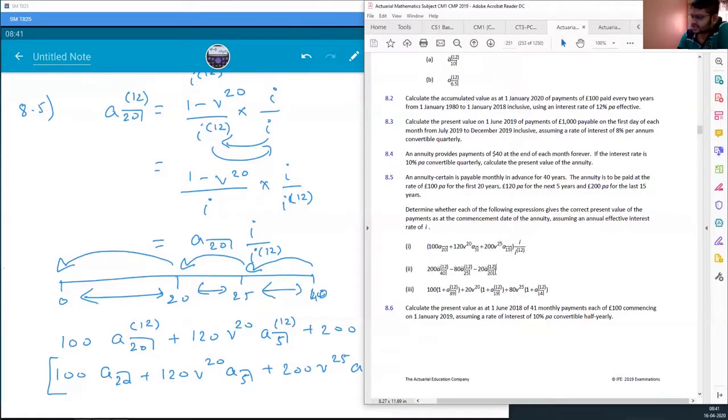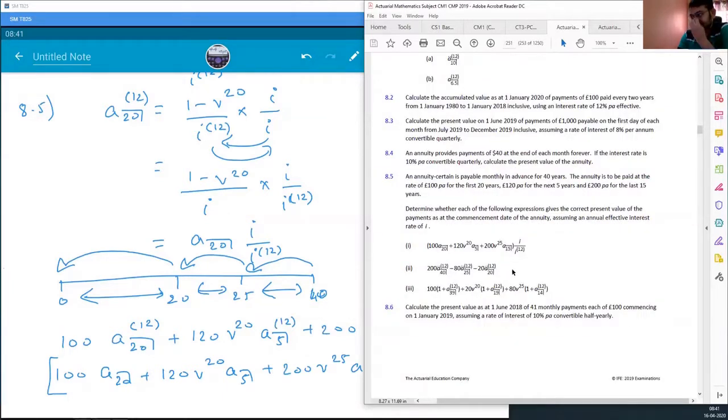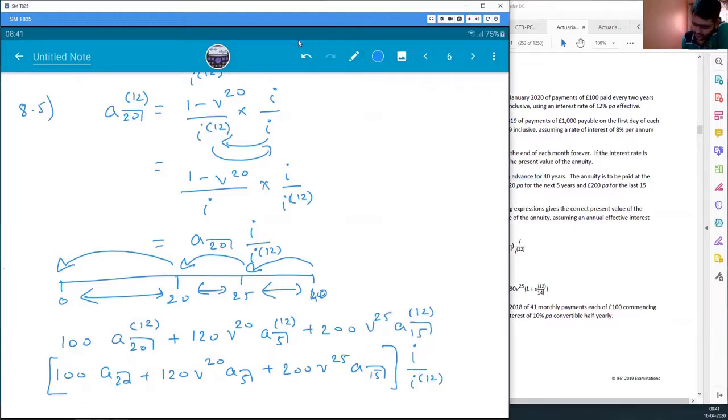We'll talk about the second equation. In the second equation it says we have 200 for 40 years. Okay, right. It should be in advance. Yes, everything is given in advance. So this is wrong, because if we want to convert this into advance, then due comes in, so D would come here and D would come here.